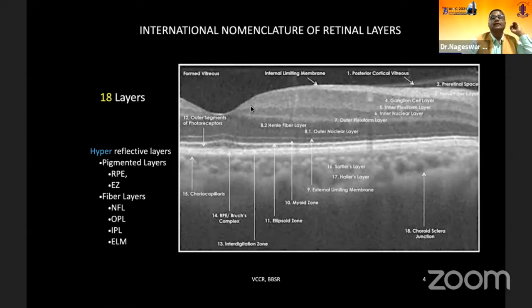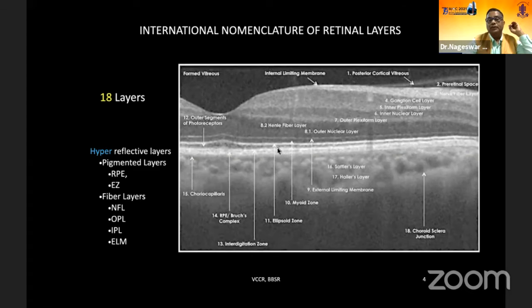So in 2014, the panel of experts clarified regarding the outer retinal layers. Earlier, we were speaking about the three outer layers, that is the external limiting membrane, the photoreceptor layer and the retinal pigment epithelium. But the panel of experts clarified that the photoreceptor layer is actually two practically.